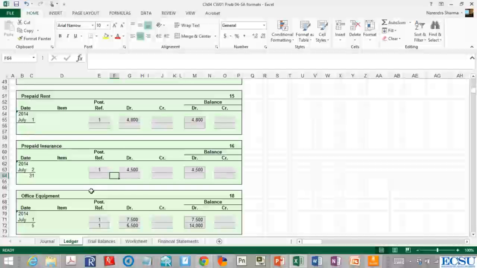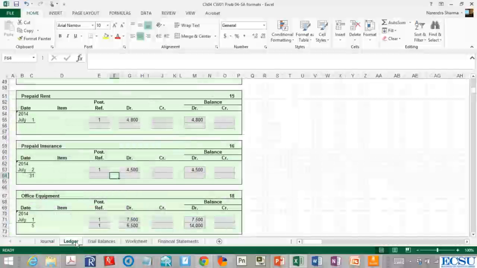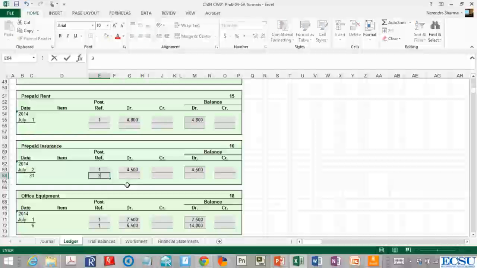Let's go back and see the journal. Yes, credit of 375. So we'll be crediting that with 375 prepaid insurance, and of course page number is 3, and this is 375. So that will give us a balance of 4,125. That is 4,500 minus 375. So we have posted the first adjusting entry.